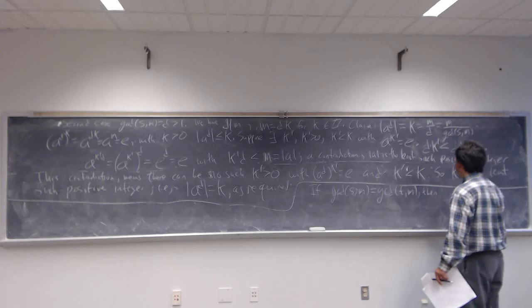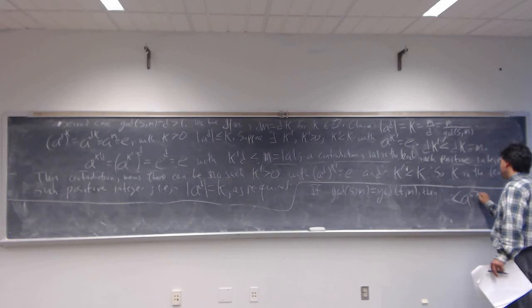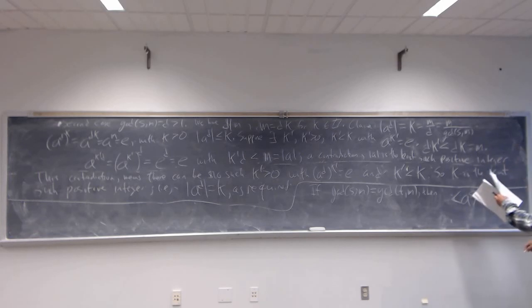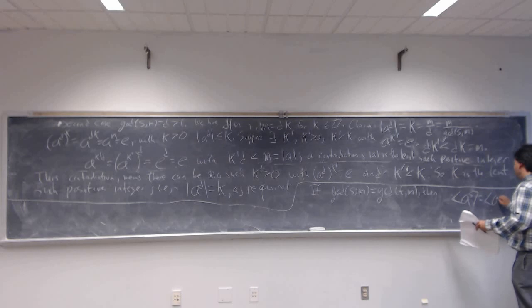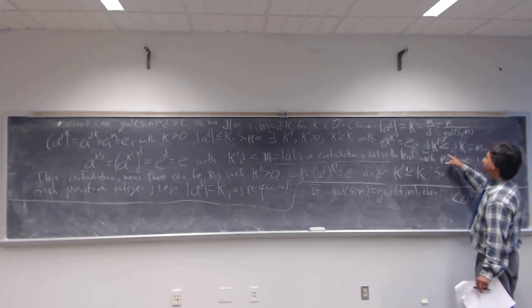Then we showed in the proof that a to the s really is the same as a to the d. That's how we did it, right? That's why we got the order. We showed that the cyclic subgroup generated by a to the s is basically going to be equal to this a to the d.